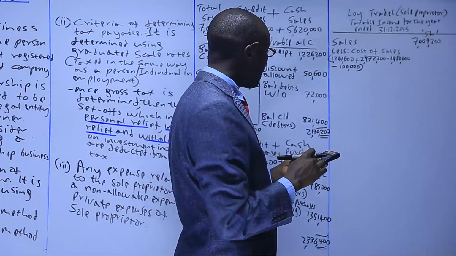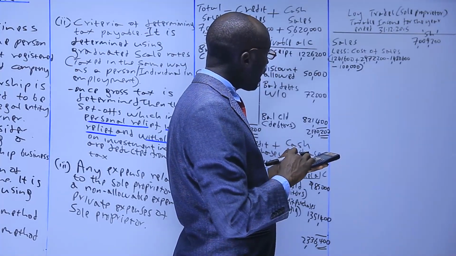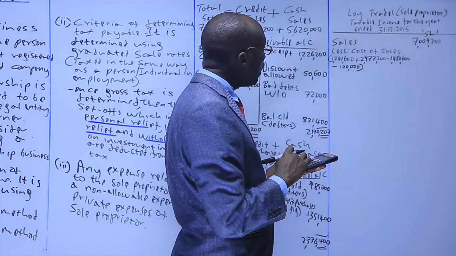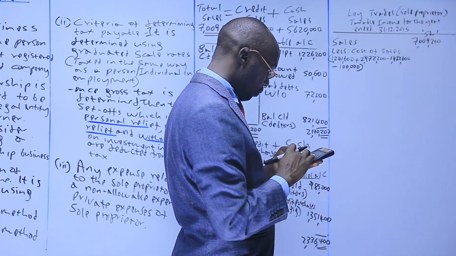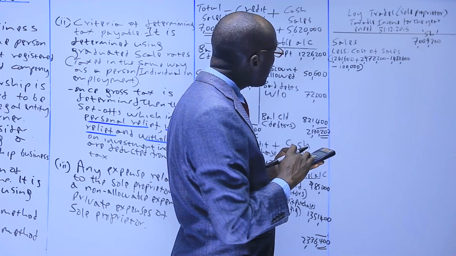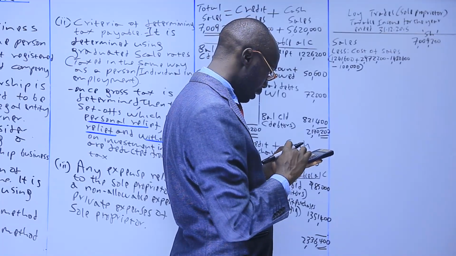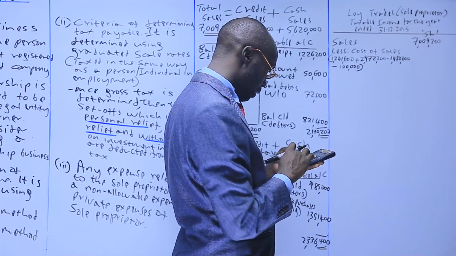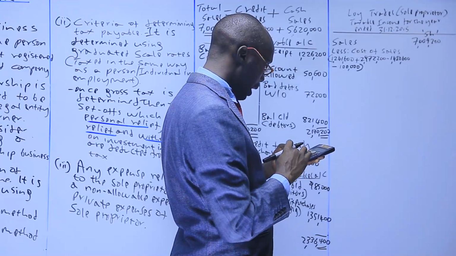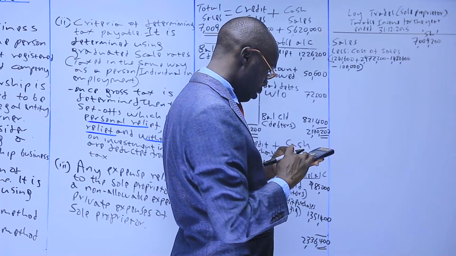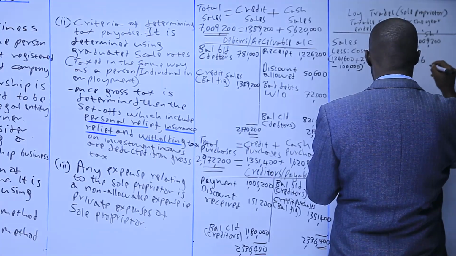The total, that is the net: 1,241,600, and then we add 2,972,200, and then we minus 1,486,000, and then we minus 100,000, which we get 2,633,200.